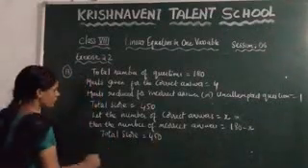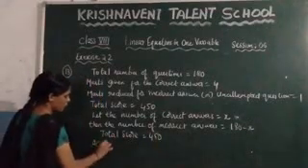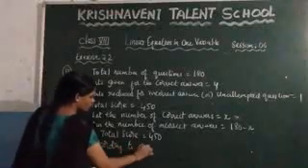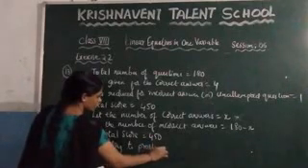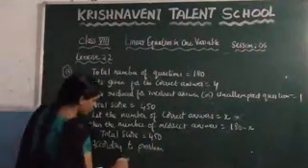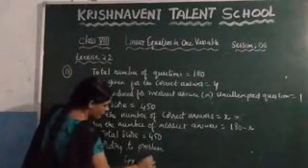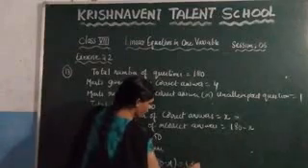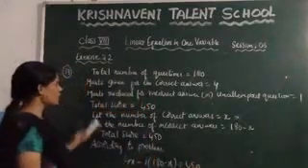Now, according to the question, what we can write? According to the problem, you can write it as 4x minus 1 into 180 minus x is equal to 450. Now you need to solve this one.